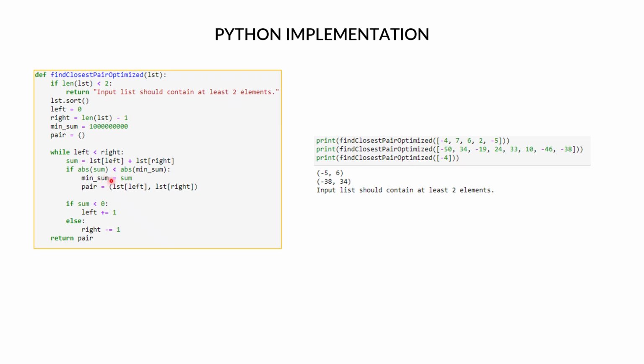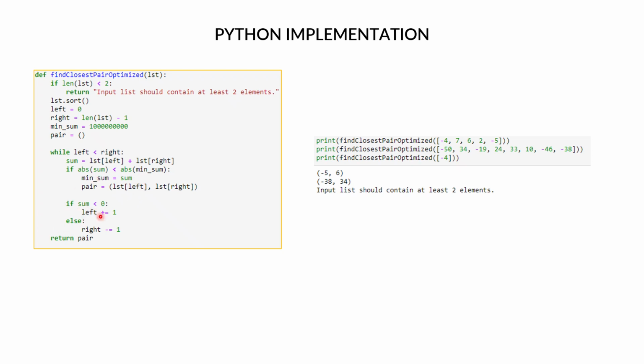Now we assign min sum equal to sum. Then we assign the pair to the left and the right elements, whichever are at the left and the right indexes at that point of time.